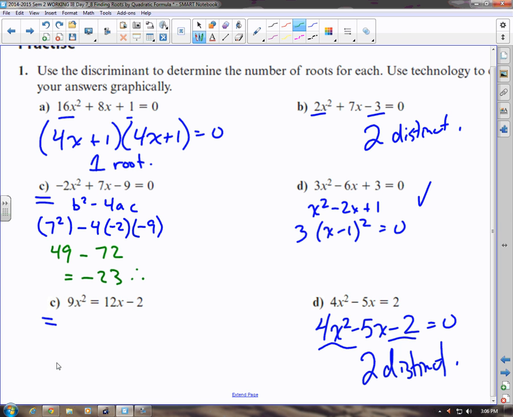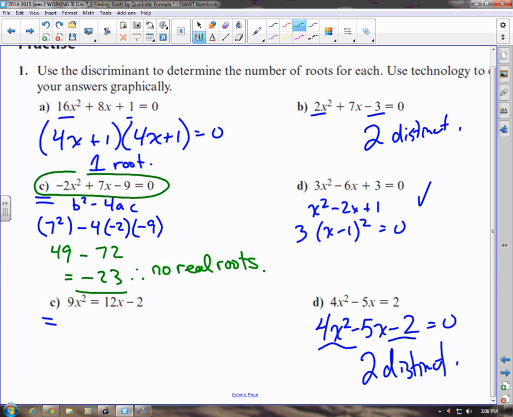So b squared minus 4ac: 7 squared minus 4 times negative 2 times negative 9. All those negatives leave a negative for subtracting. Then 49 minus 72, and right away I can see it's going to be negative. You should display what that number is. Because this is negative, we know that there are no real roots to this equation.